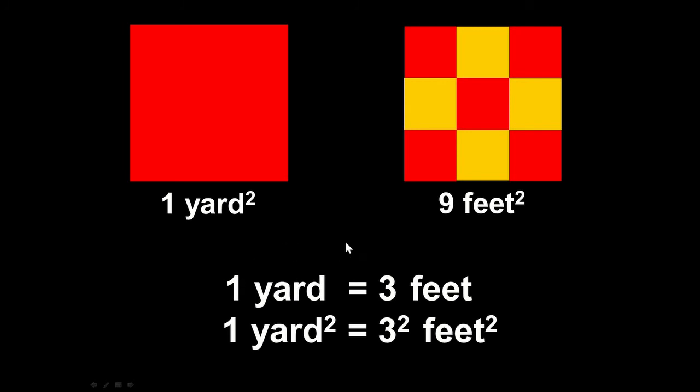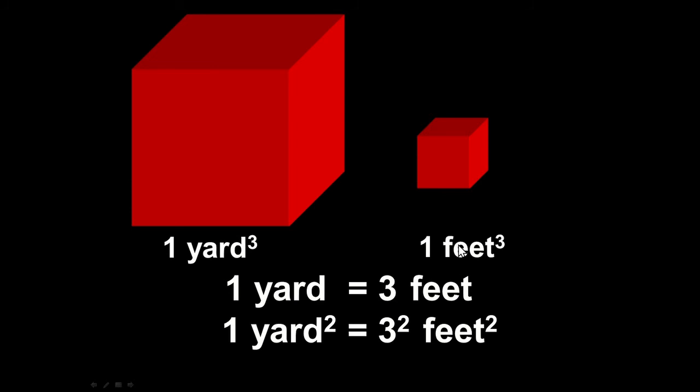So if 1 yard equals 3 feet, 1 square yard equals 3 squared square feet. We have to square the conversion as well. This was 1 yard by 1 yard, which was the same thing as 3 feet by 3 feet, so 9 square feet. And then here's a cubic yard and a cubic foot.